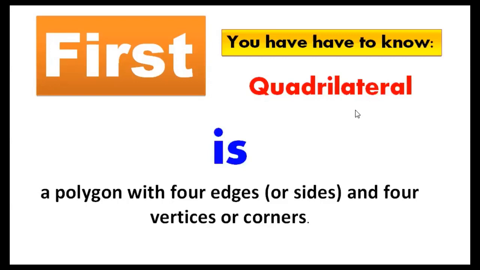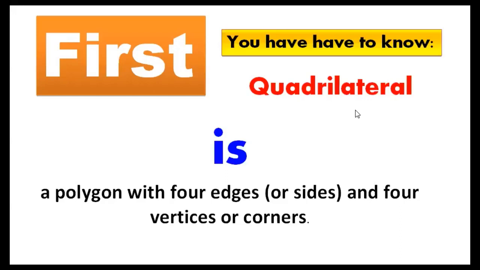The edge here means side, and 4 vertices or corners. So when we have any closed shape, it must be closed, by the way, formed of 4 sides, I can name it a quadrilateral. Okay, my dear.